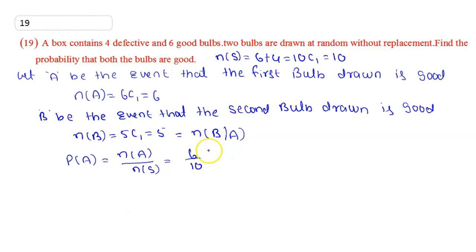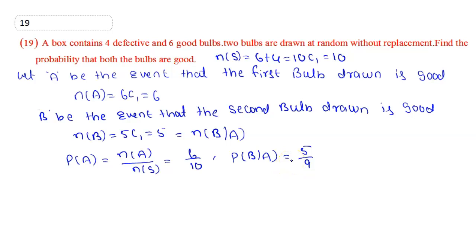And P of B given A is equal to 5 by 9. How? One bulb is taken now. Out of 6 good bulbs, one is taken so leftover is 5, and from the total 10 bulbs, one is taken so leftover is 9.